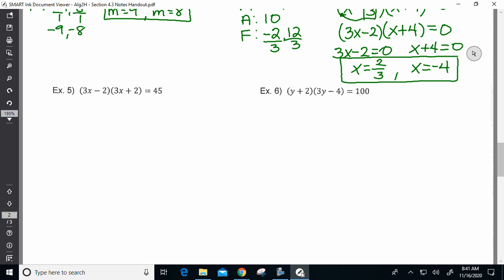Before you start this problem, you've got to multiply out the left-hand side. So these two have to be multiplied. That 45 can't move yet. That's fine. We do FOIL. That gives you 9x squared minus 4 equals 5.